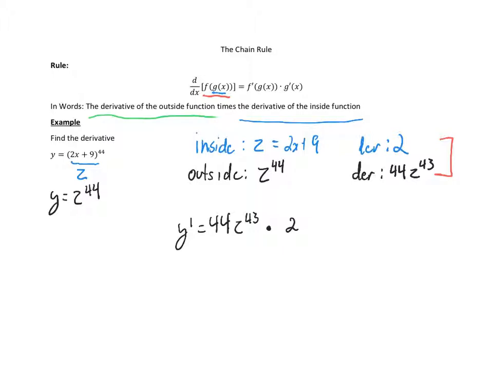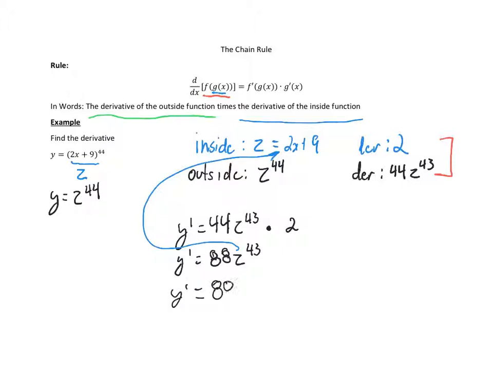If you multiply these two things together, you'll get y prime equals 88z to the 43rd. So now that we've done that, the last thing to do is take whatever z was and plug it back in. So y prime equals 88 times (2x plus 9) to the 43rd.